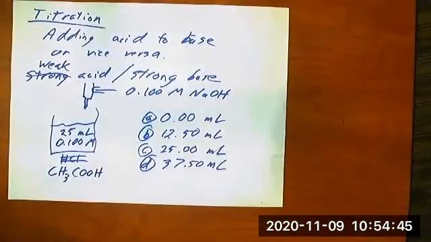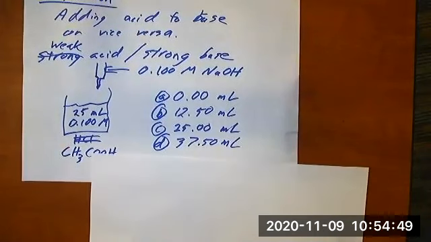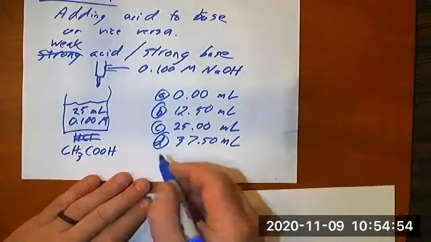So what is this going to look like? Well, the first thing we need to know is our Ka of the acetic acid.